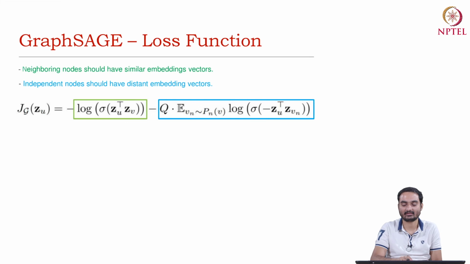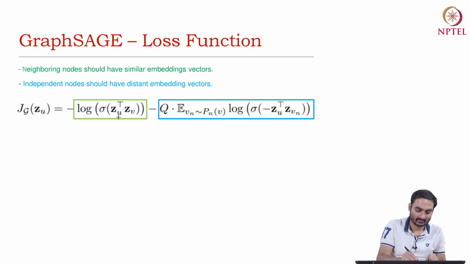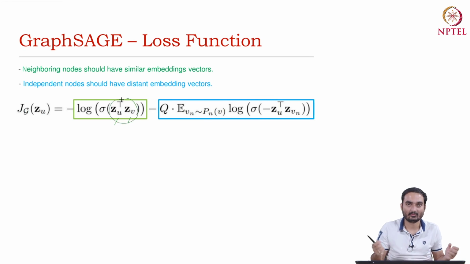If you look at the GraphSAGE loss function, it essentially maximizes the similarity between neighbors. Let us say U and V are neighbors, this is the dot product. So you maximize the similarity between neighbors and you minimize the similarity between nodes which are not neighbors.